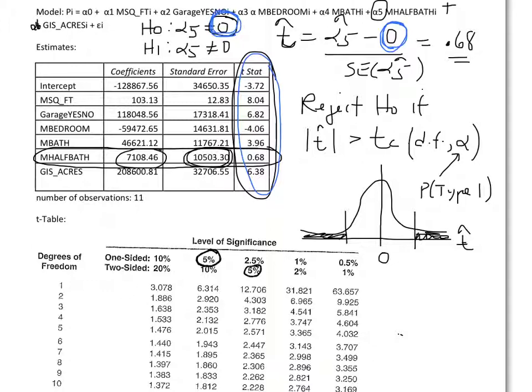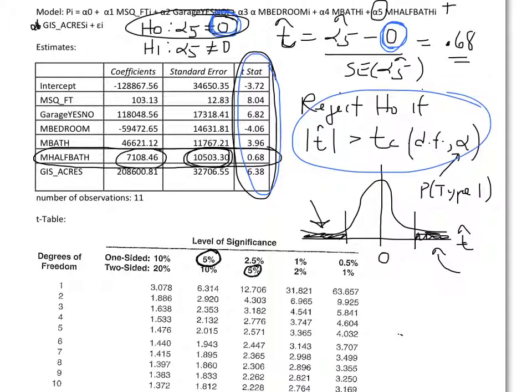So if our t hat is sufficiently negative here or sufficiently positive here, we will reject the null hypothesis that it's equal to 0. Okay? So we don't have to add the second part of the decision rule, which says look at the sign. We don't really care about the sign anymore. So this is the decision rule right here. That's the one we're going to use.